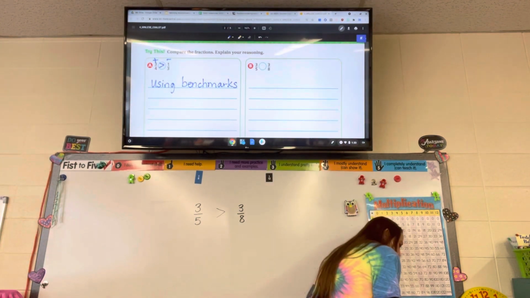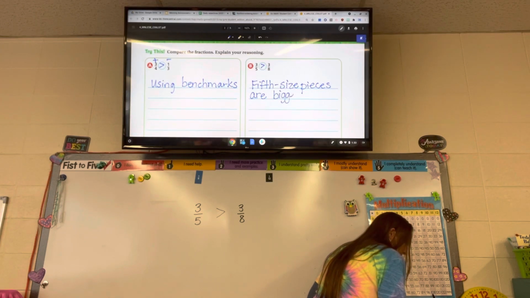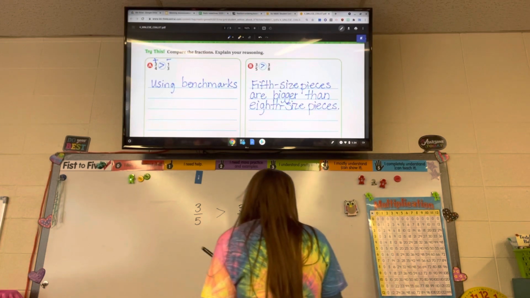Okay, so our reasoning is 5th size pieces are bigger than 8th size pieces.